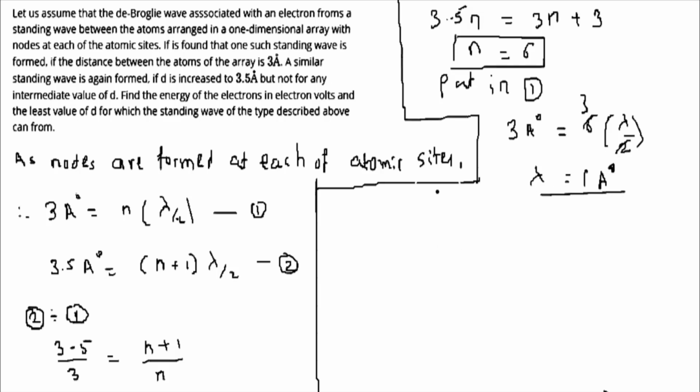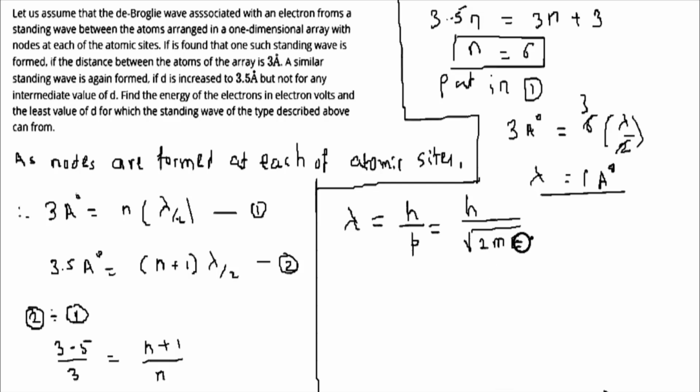Now we have lambda. So we can write the de Broglie wavelength. What is the de Broglie wavelength? Lambda is equal to h upon p. What is p? P is the root of 2mE, where E is the kinetic energy.